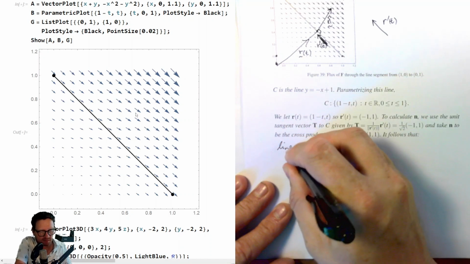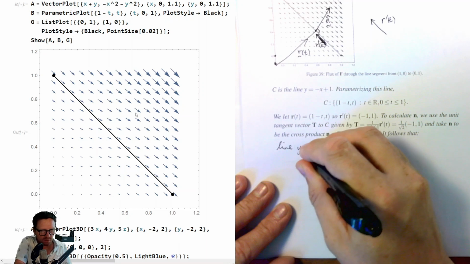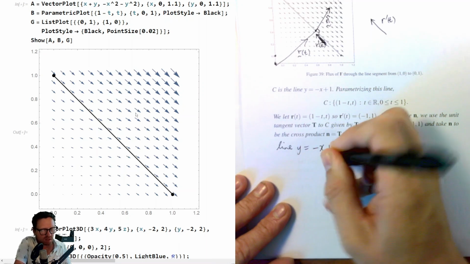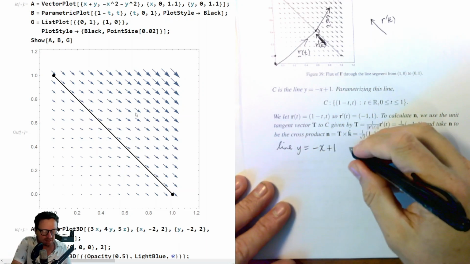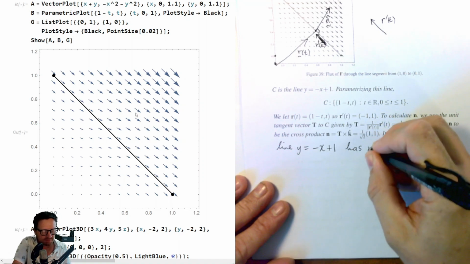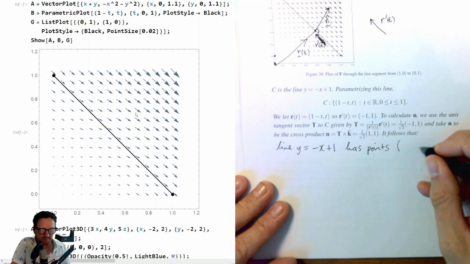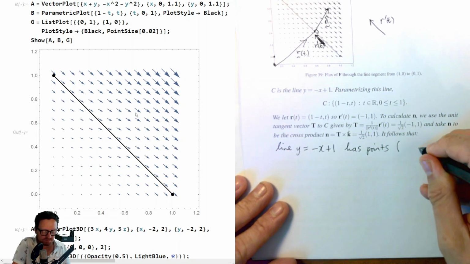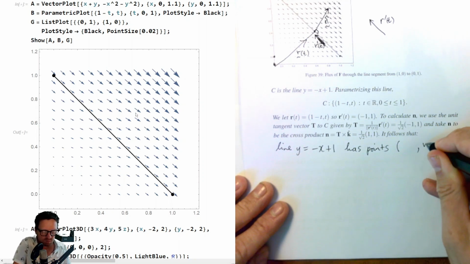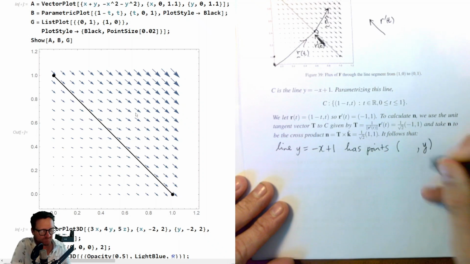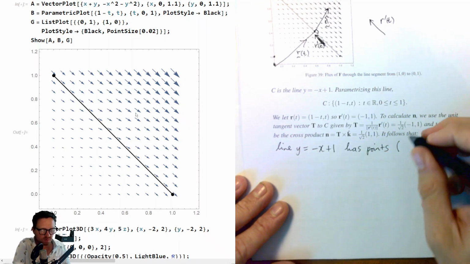So the line y equals minus x plus 1 has points described by, now if I just choose the y coordinate as y for now, well then what's the x coordinate?